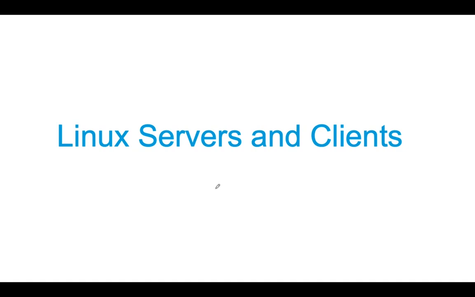Yeah. So the difference is the client means suppose we have one desktop or laptop or any machine, some computer like this. So it is an individual computer, right? Only one user can use that machine at a time.